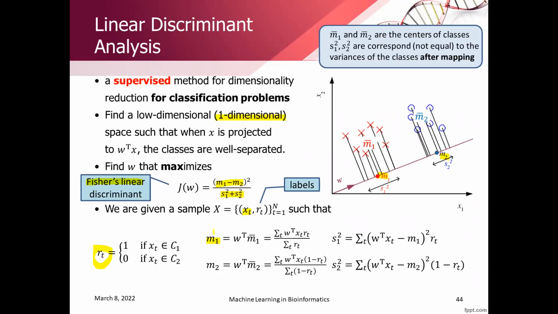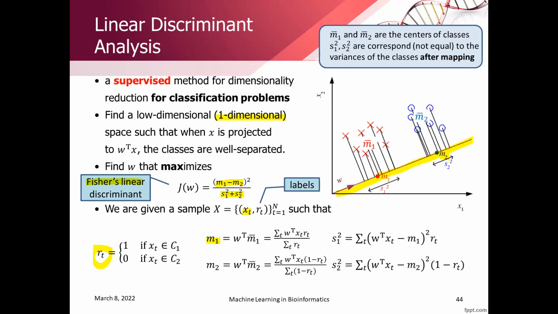And if we have this, we can easily formally write a formula for computing the projection of the mean. To perform such a projection, we simply take the normal vector of the line, here w, and we multiply the vector w times the original data point, the observation, and we obtain one value.